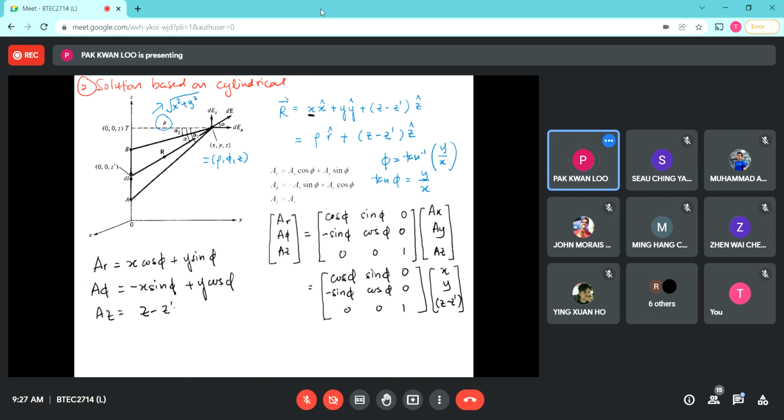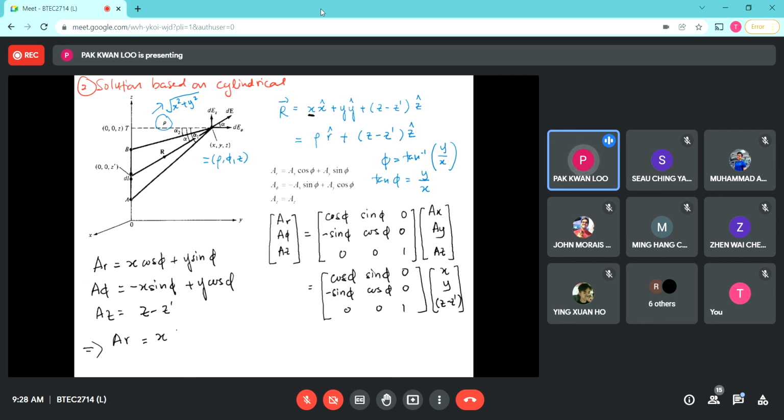Bear in mind cos phi and sine phi, how we translate from here. We will focus on a of r and a of phi because a of z is z minus z prime, so the z component doesn't change.